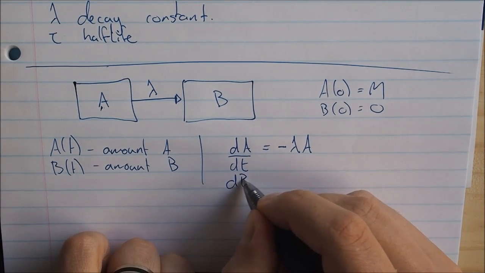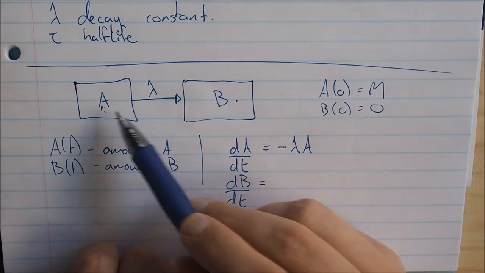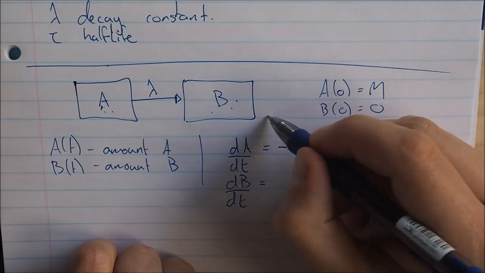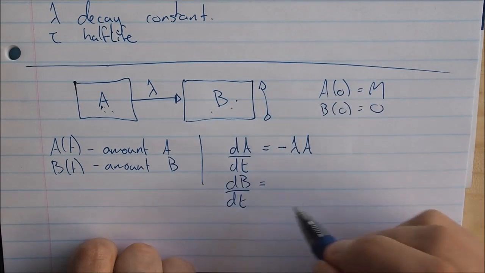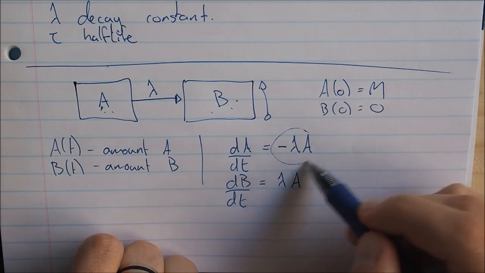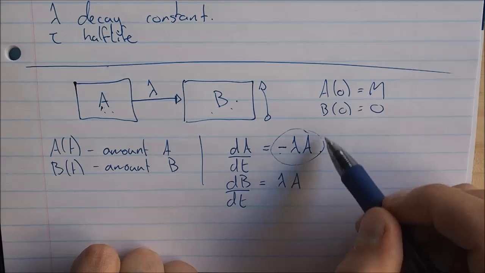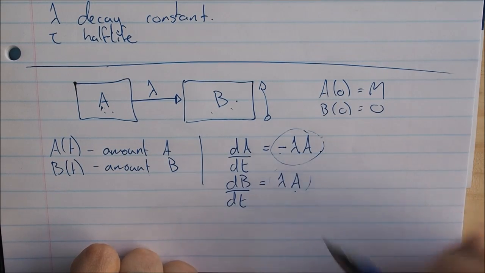And B is going to increase, because there's initially 0 of it, and A is going to turn into B, so it's going to increase at a rate that's proportional to A. So whatever's leaving A, the negative indicates that it's leaving, must be going into B.